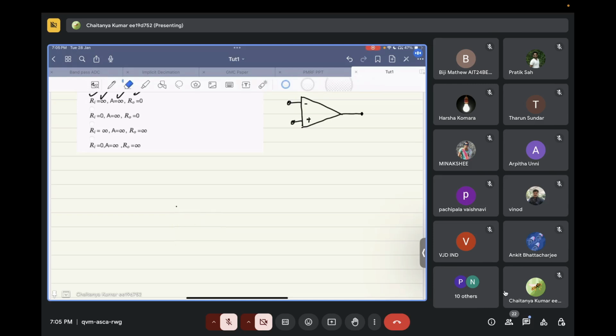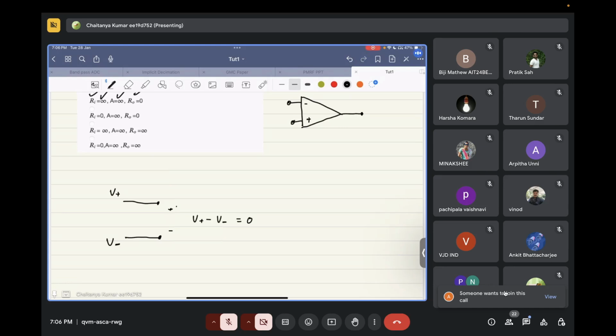Let's say we have two terminals. This is V plus, and this is V minus. Our job is to compare the two terminals and make sure that the difference between the two, that is V plus minus V minus, is equal to 0.